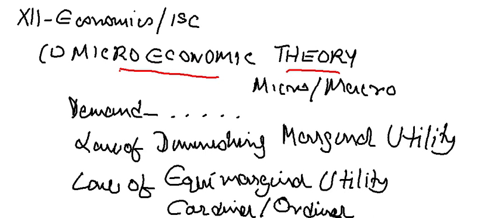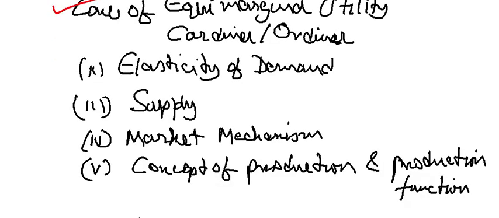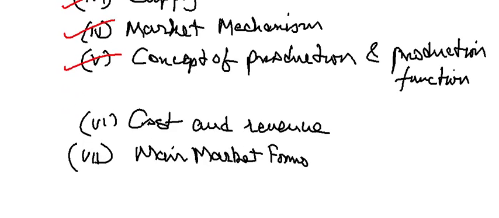You are studying demand, law of diminishing marginal utility, law of equi-marginal utility, and under this part we have two approaches you have to be careful about: cardinal and ordinal approach. Then we are studying elasticity of demand, supply in detail, market mechanism, concept of production, and production function. So you are studying production as detailed as possible here.